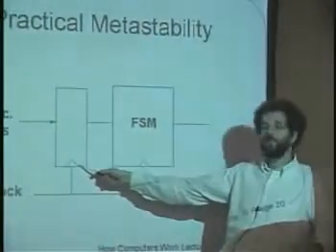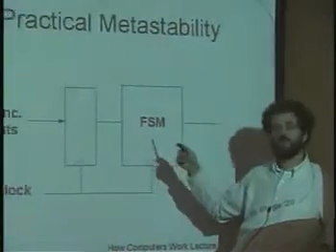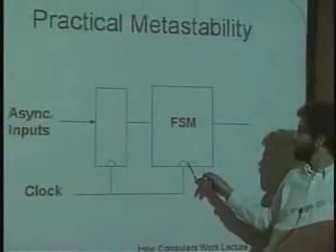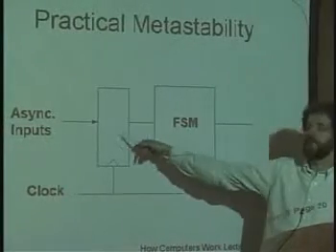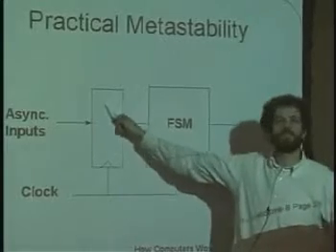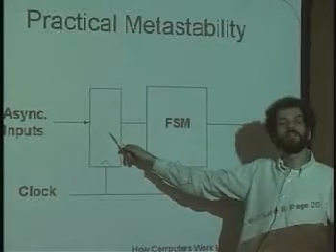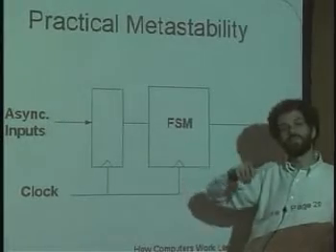So what do we think about the probability that this circuit is going to mess up? Well, the answer is it depends how fast the clock is. Because once the clock goes off, if we wait around for a long time before we supply the clock again, in other words, before we expect this FSM to make use of the answer that comes out of this thing, we will give time for the flip-flop, the donkey, to make up its mind, for those ones and zeros to resolve.